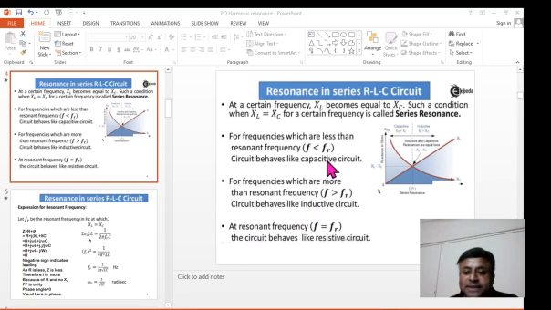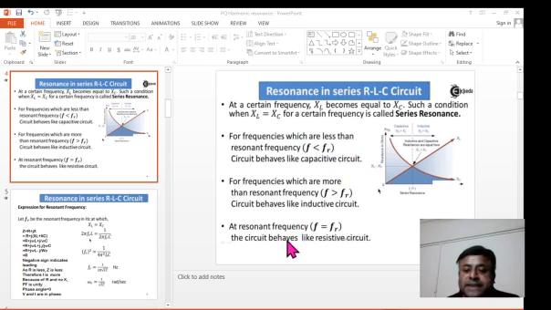Now let us compare with FR, that is the resonant frequency. In the first case, we can see that f is on the left-hand side of FR. The condition is f less than FR. So this is called a capacitive circuit, or there is a leading PF under the condition where f is less than FR.